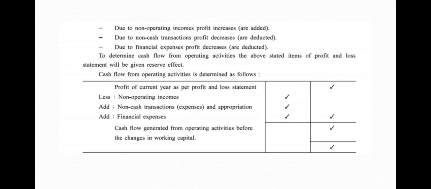And due to financial expenses, profit decreases, so they are deducted. To determine cash flow from operating activity, the above stated items of the profit and loss statement will be given the reverse effect. Reverse effect means the things which are added will be deducted and the things which are deducted will be added to the profit.